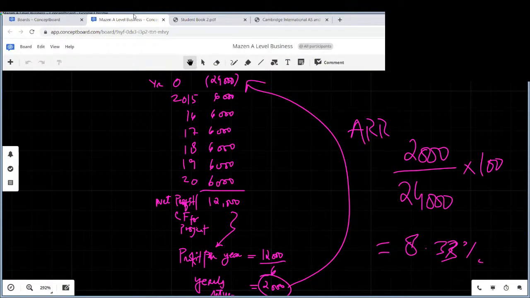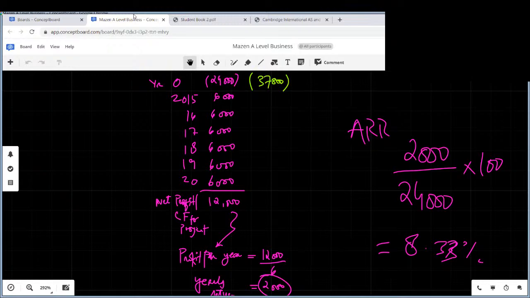So for system B, in year 0, they would be investing how much? Initial investment is 37,000. So initially they have an outflow of 37,000.